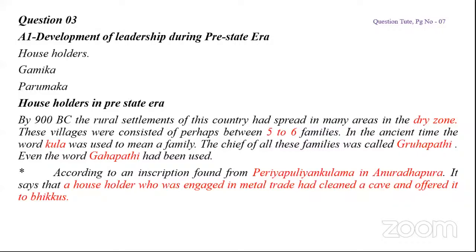The evaluators expect you to write more things, including examples. Your answer must not touch only the surface. It should go deep into the answer. Then only can you get an A pass. Otherwise, you can't get an A pass.